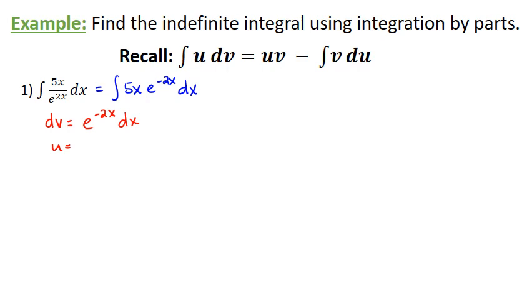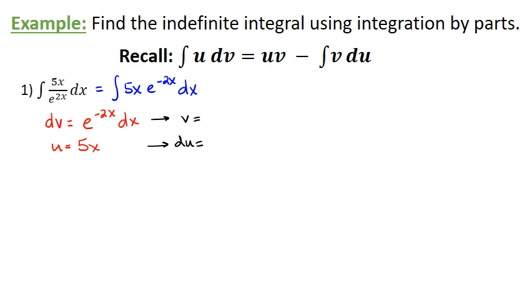Now, if that is dv, then whatever's left is u. So in this case, u is 5x. Once I have identified dv and u, I find v and du because those are the other parts that are required for my formula. So if dv is this, what I need to do to get to v is integrate this.